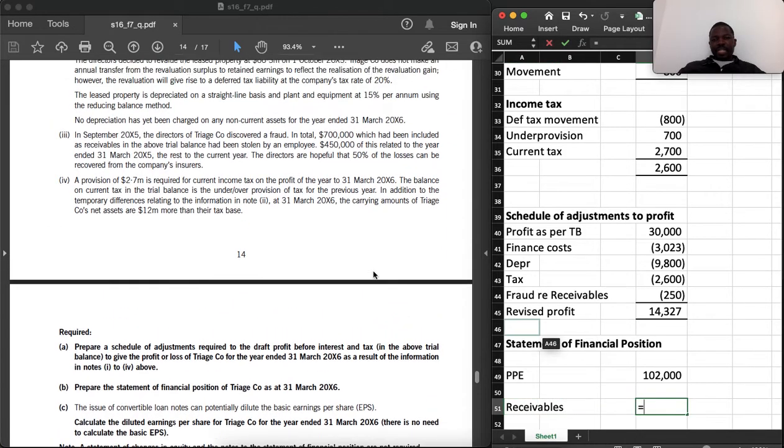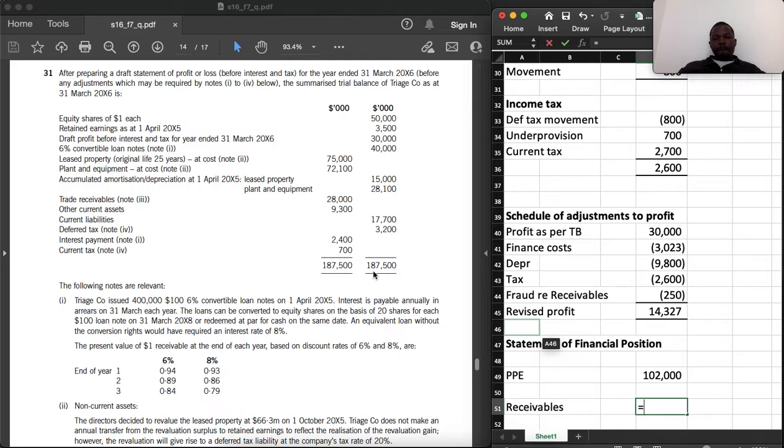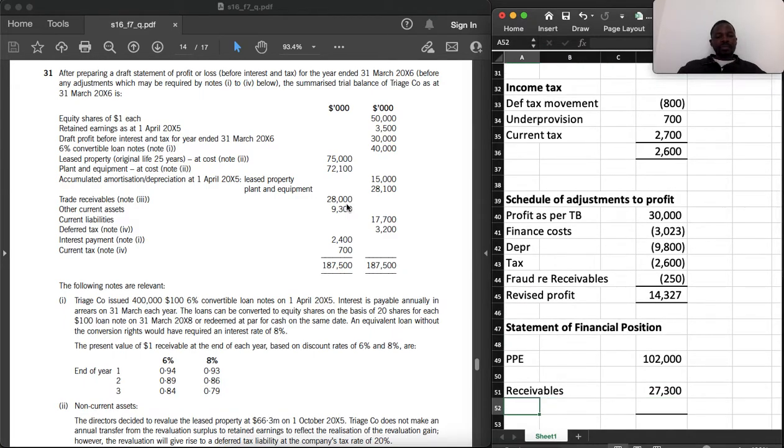Our receivables as per trial balance, $28,000, like that. We have to subtract the fraud of 700. Then we have got other current assets.